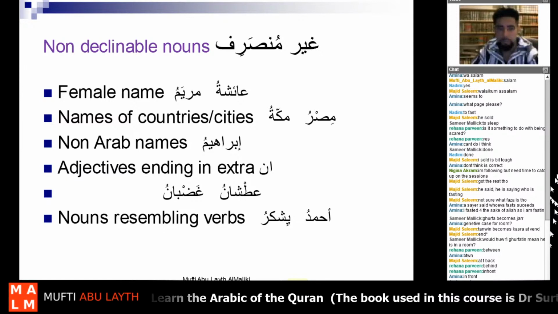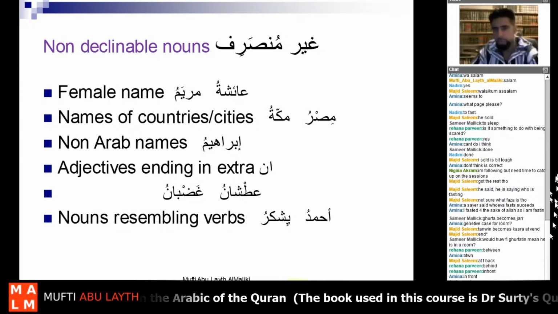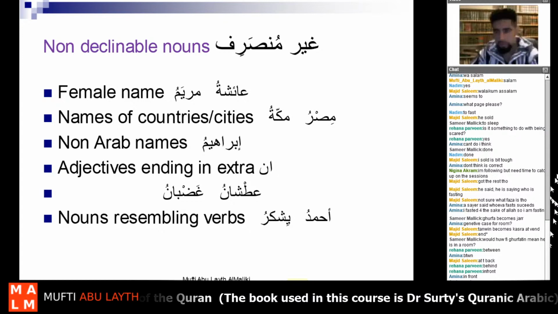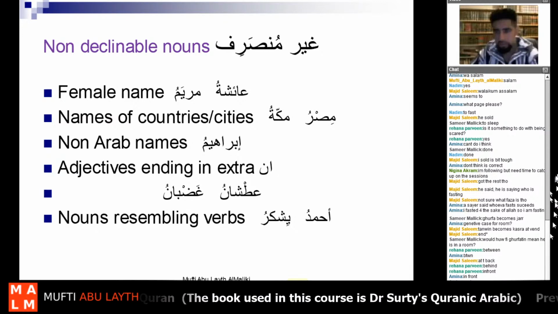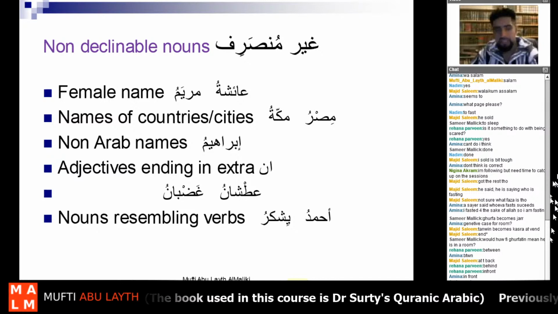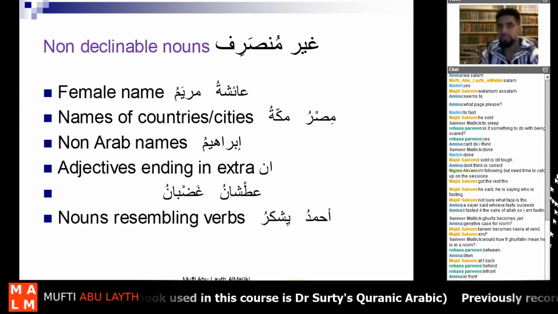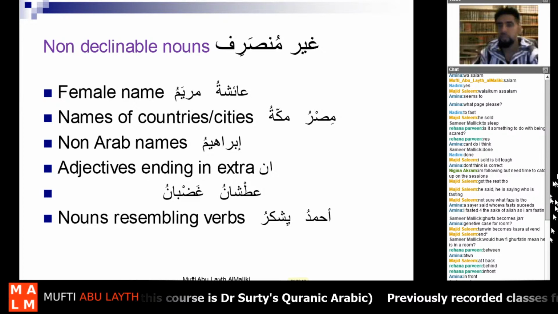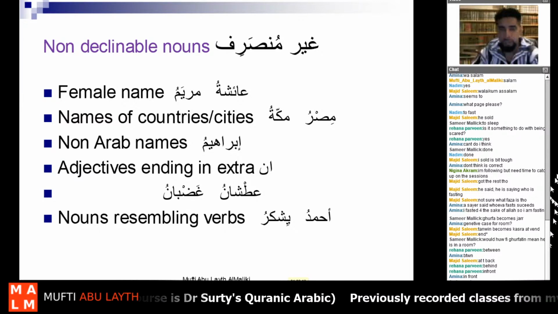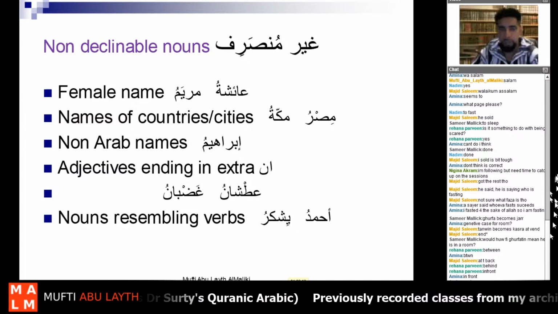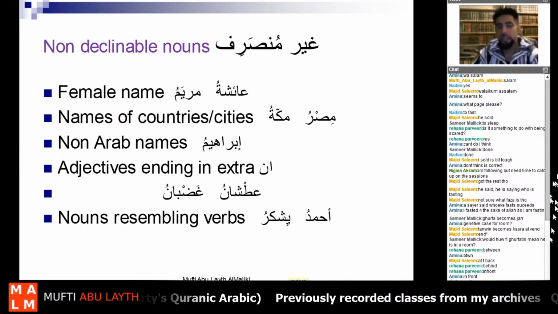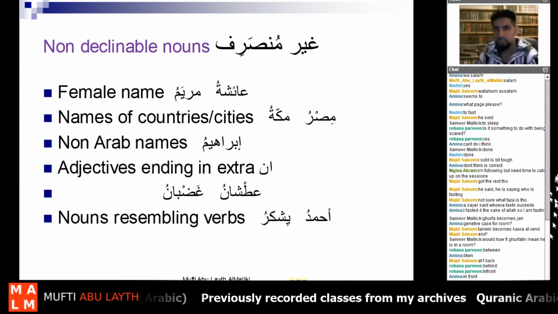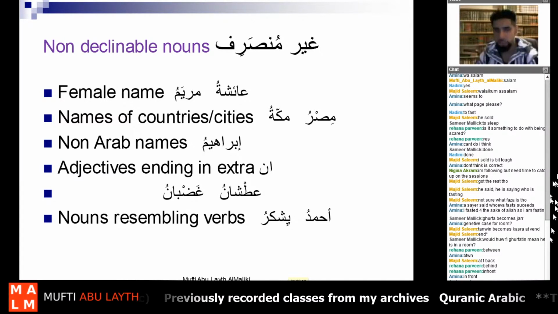The other, as we can see, non-Arab names here, Ibrahim. Now, I know to many of us, Ibrahim is an Arabic name. That's because we've only heard it through Arabic. But actually, Ibrahim is a non-Arabic name which the Arabic language adopted. The way we know that is because in Arabic, all names, all things fit a pattern and a scale. The moment they go off this pattern, and there are many patterns, but to the Arabic-trained ear, it can recognize true Arabic patterns.